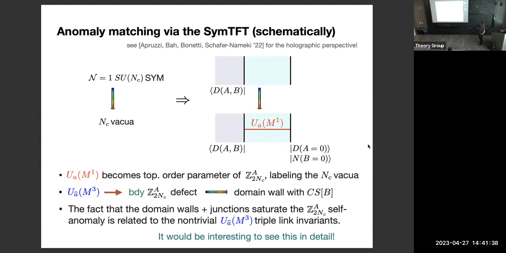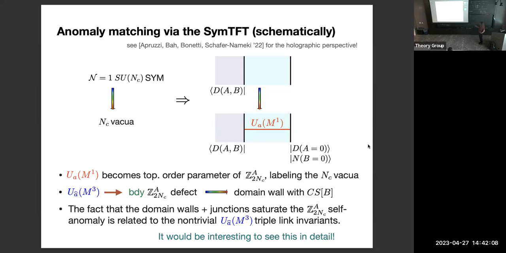I can understand this RG flow between N equals 1 SU(N) super Yang-Mills and the N gapped vacua in terms of this symmetry TFT picture. In the UV, I have these gapped boundary conditions on this side of the slab. And the statement is that in the IR, because I flow to gapped vacua, the enriched Neumann boundary conditions on this side have to become gapped.